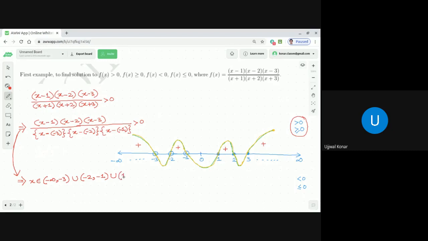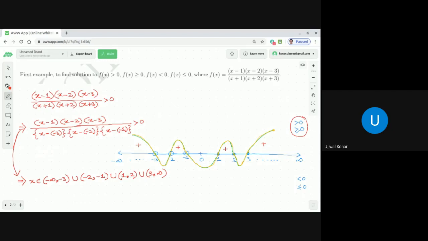Correct, na? 1 to 2. Union, the next interval: from 3 up to plus infinite. So union 3 to plus infinite. Done. That is the solution set for which this polynomial expression f(x) is greater than 0. I said maximum within a minute, and that we have achieved.